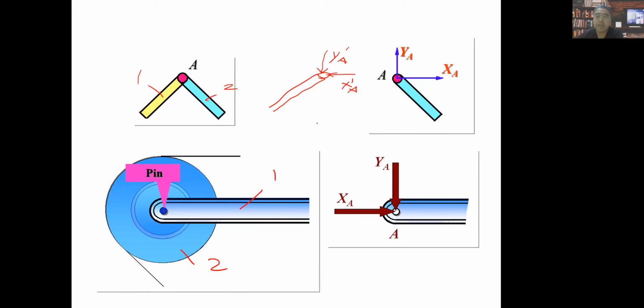Because later our task is to figure out or calculate the real values of XA and YA. When you draw a force analysis like this, you know XA prime and XA are a pair of action and reaction forces, right?